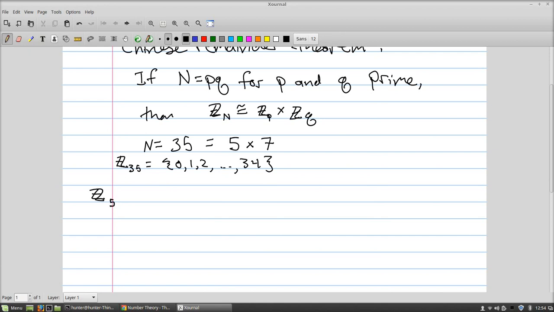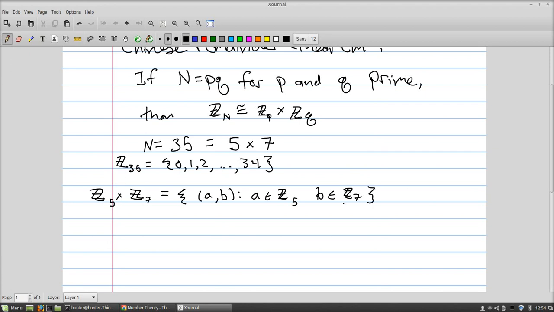And what do we mean by Z mod 5 cross Z7? This is pairs of numbers where the first element of the pair is mod 5 and the second element of the pair is mod 7. First I'll describe it abstractly: it's the set of all pairs A, B such that A is a member of Z5 and B is a member of Z7.